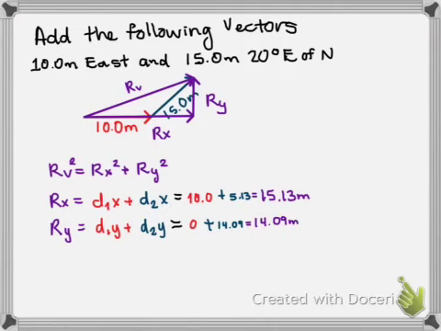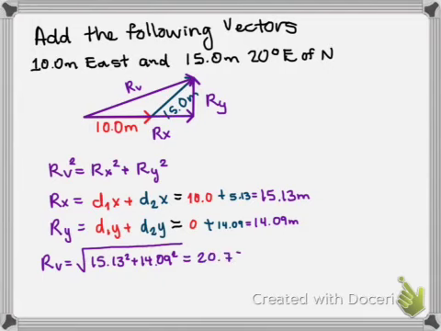So let's use the formula that we have for RV squared, and we know that RV is going to be equal to the square root of Rx squared plus Ry squared, which in this case happens to be 15.13 squared plus 14.09 squared, which is going to be 20.7995 meters.